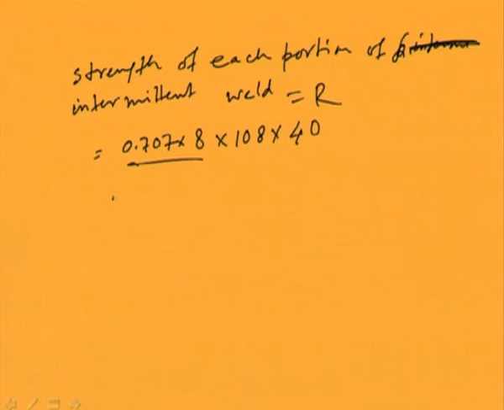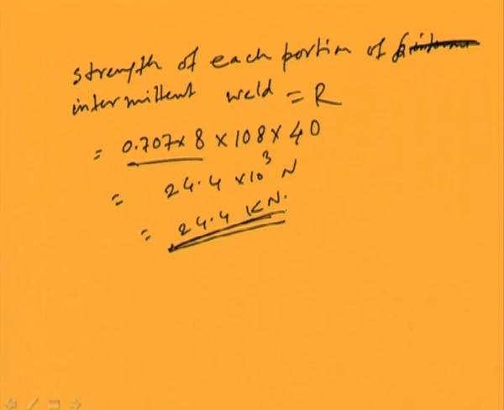So this will become 24.4 into 10 cube Newton, which is 24.4 kilonewton. So the strength of each portion of intermittent weld is becoming 24.4 kilonewton. This is almost equivalent to the rivet value, what we call the rivet value, that is, you can say here, the strength of intermittent weld of each portion.